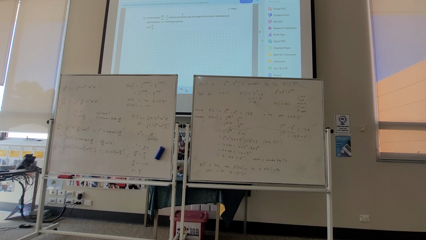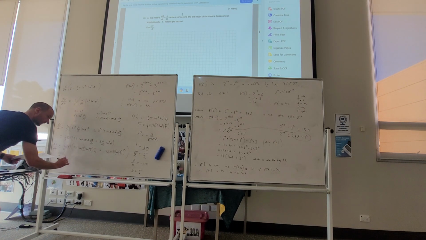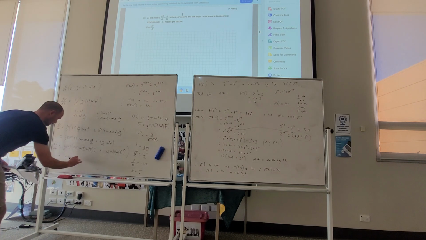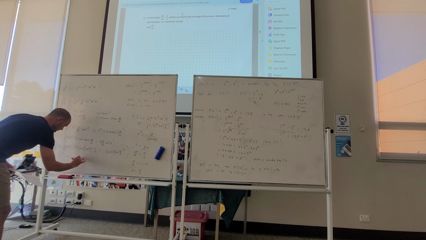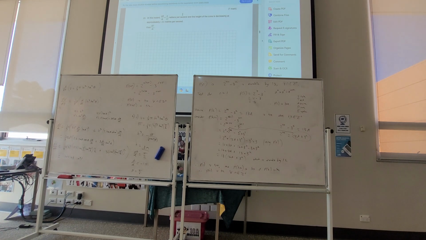No, I'm still getting 102.499. Alright, let's write that for now. Might come back and have a look at that. Why am I getting 102? Meters. So volume's meters cubed, and time is in seconds.